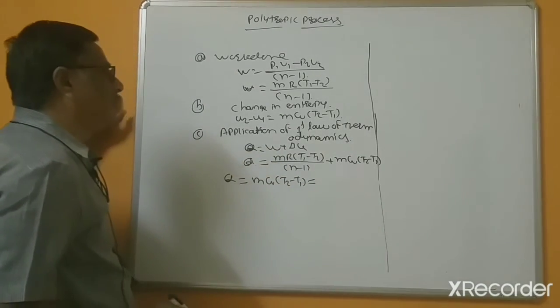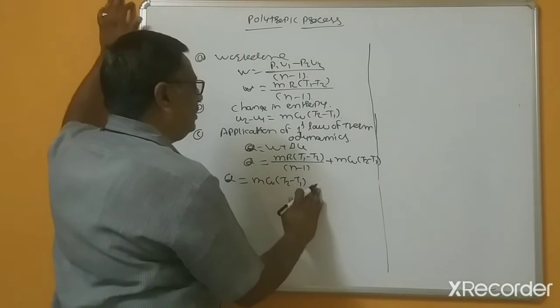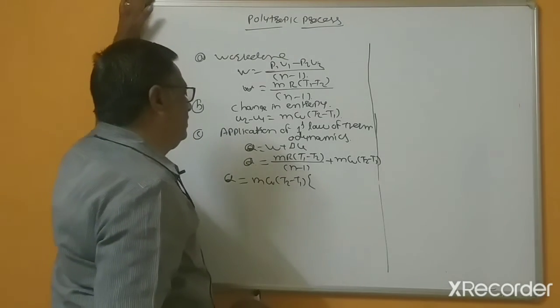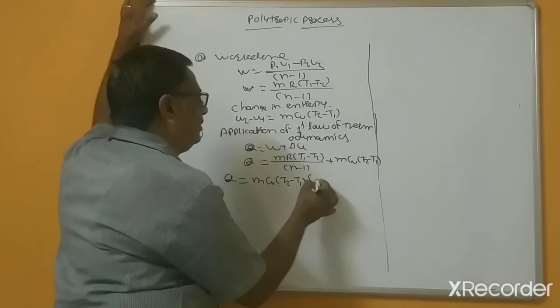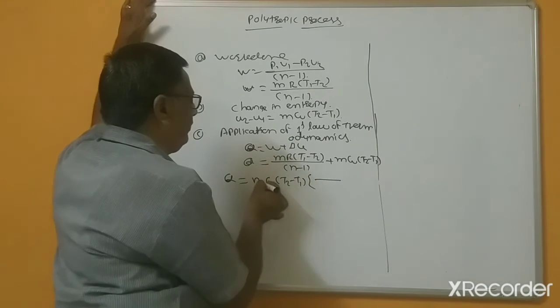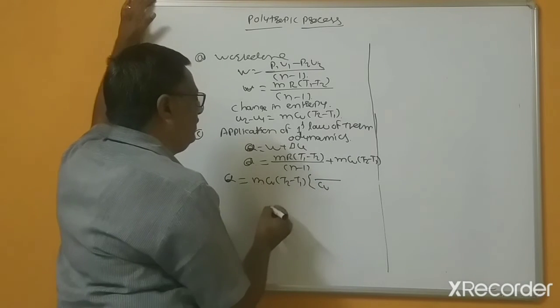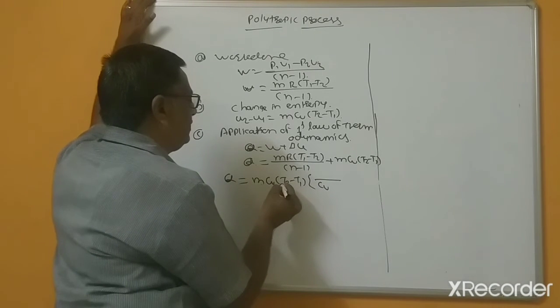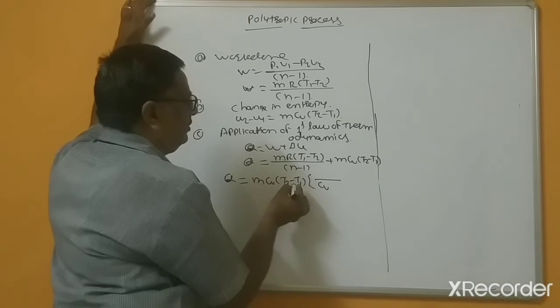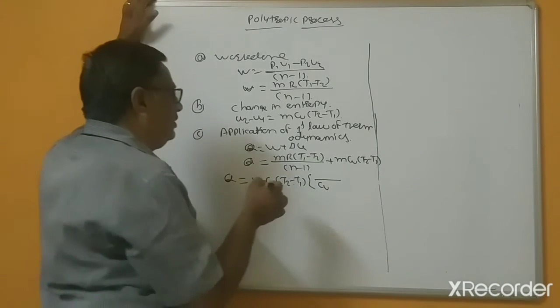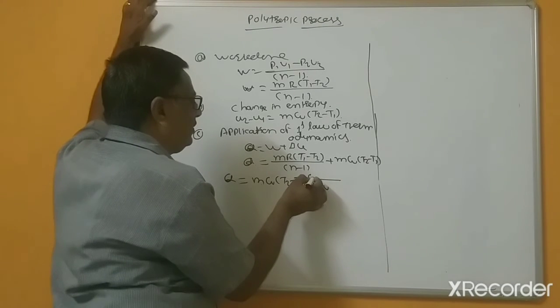Now what are the remaining terms? By taking mCv outside, with T2 minus T1, the sign changes to negative.